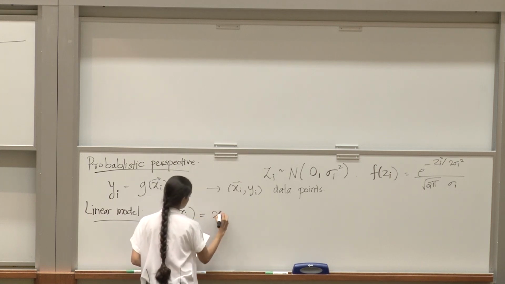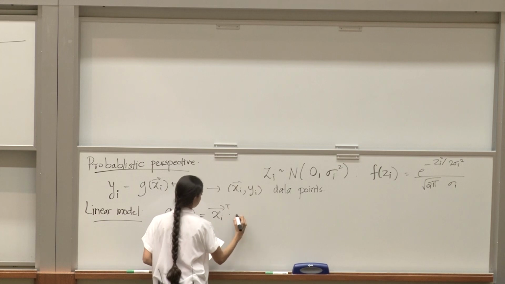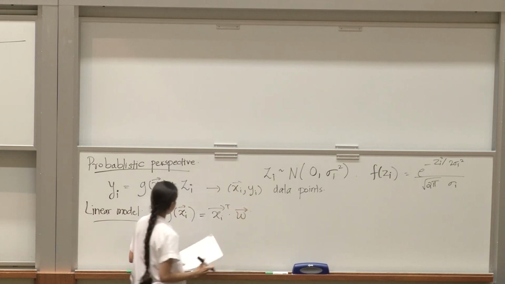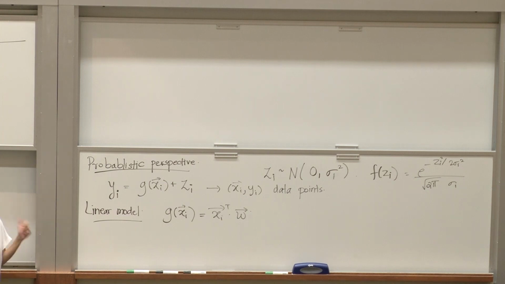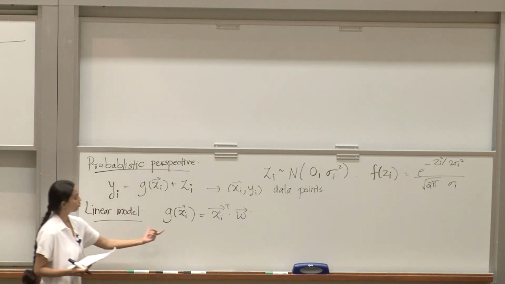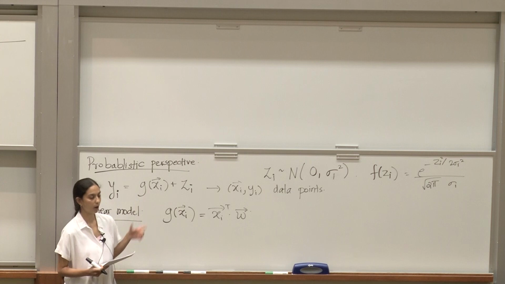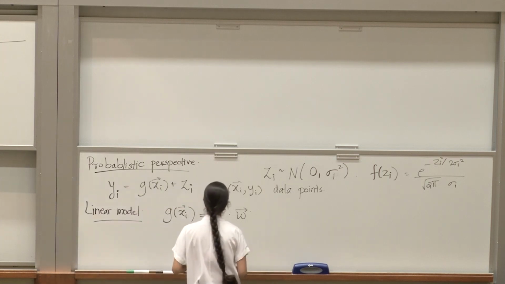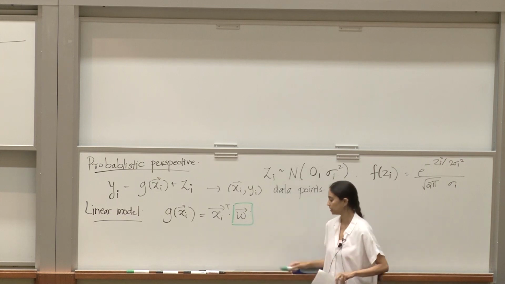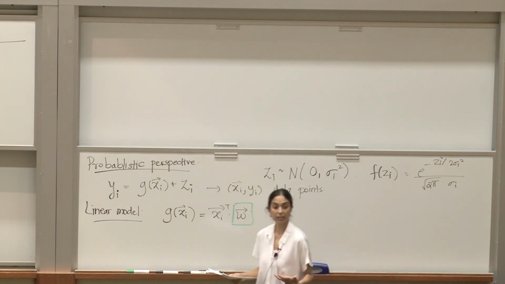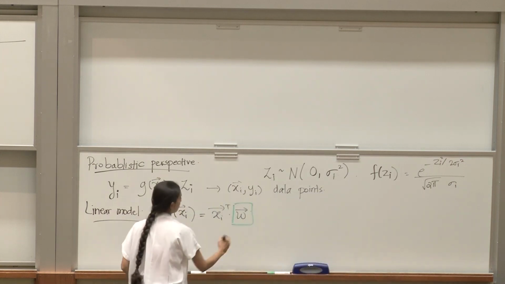So I'm going to consider this as xi transpose times some w. So I'm thinking of g as this linear function, and so the relationship between x and y is captured by this w. W is ideally some known thing, but w is essentially our model.